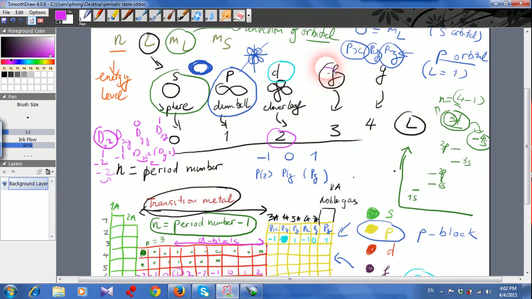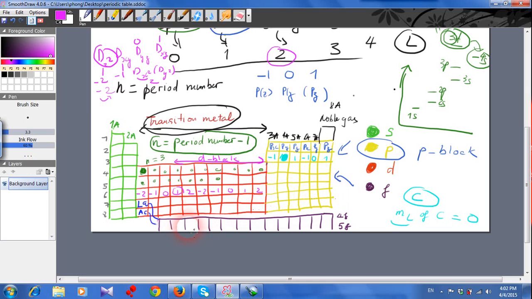And how about the F orbital? The F orbital stands for L is 3, and we begin from -3, -2, -1, 0, 1, 2, 3, and again -3, -2, -1, 0, 1, 2, 3.